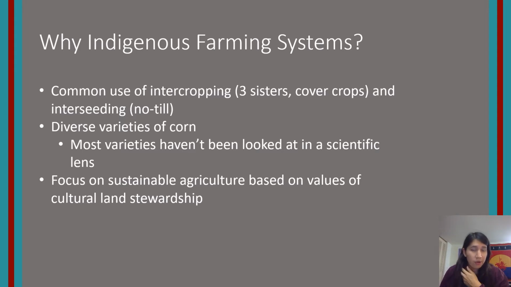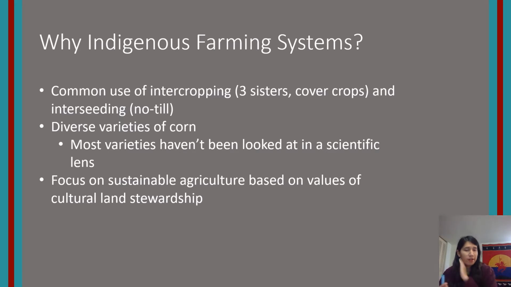And then also no-till or interseeding. We didn't have big equipment that could till up whole areas of soil. We usually hand planted or used minimum tillage, where your plant is still dealing with weed pressure, everything else.